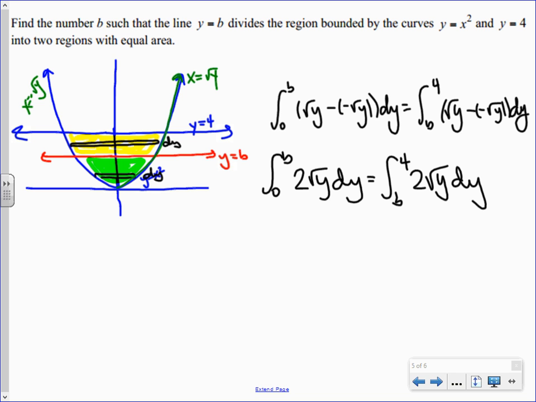Okay, 2y to the 1/2. Antiderivative of 2y to the 1/2. CJ, what would that be? 4/3 y to the 3/2.